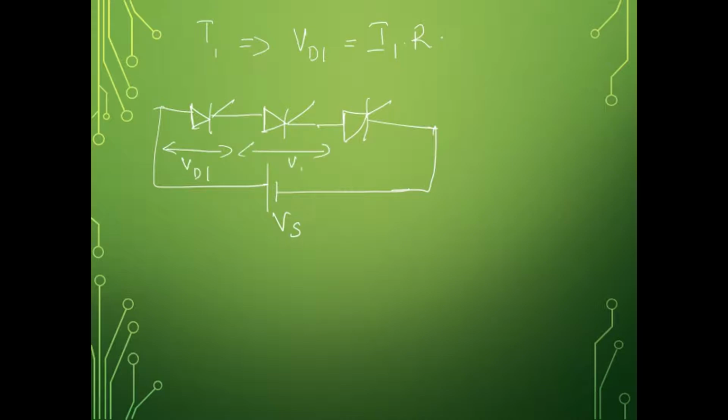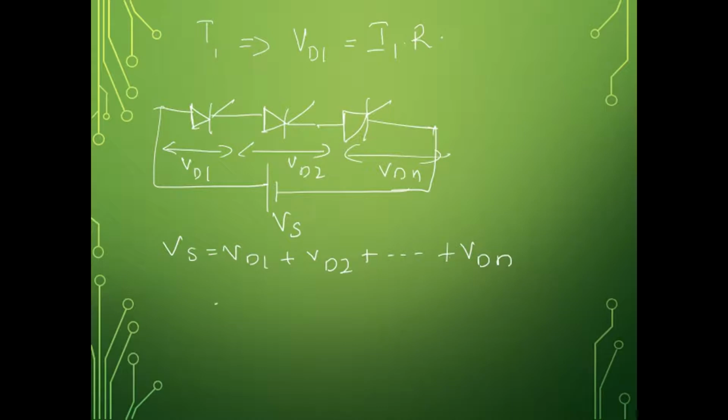So we have n thyristors which are connected in series across a supply which is Vs. Then what is Vs equal to? If this voltage is Vd1, this voltage is Vd2, this voltage is Vdn, then Vs will be equal to Vd1 plus Vd2 plus any number of thyristors which are connected plus Vdn, right?